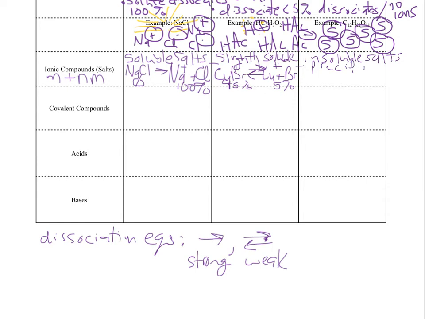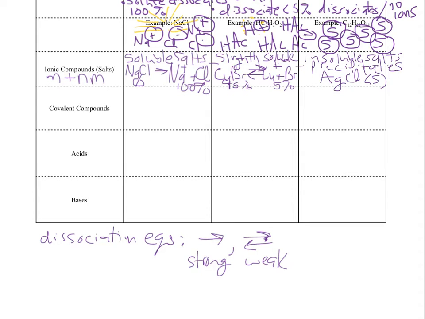Okay, and so we can use silver chloride as an example, AgCl, and this is what you would write in lieu of a dissociation equation.